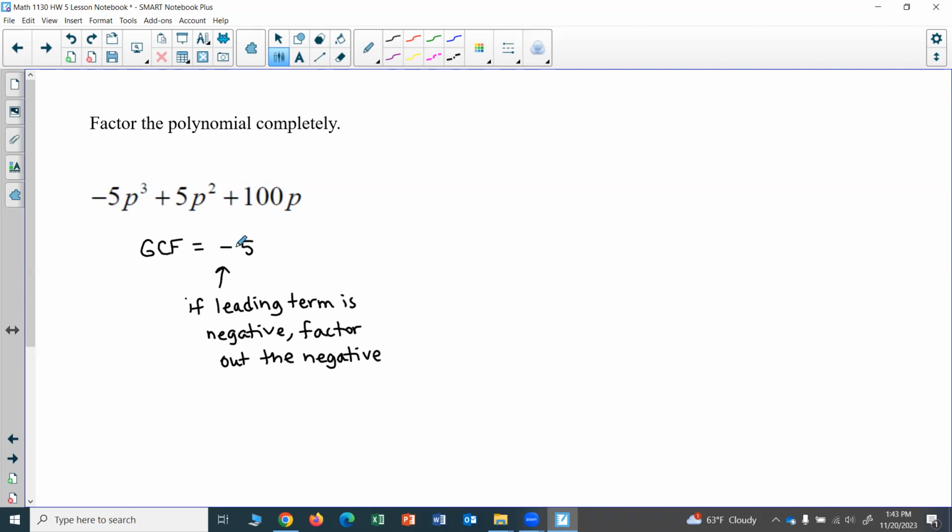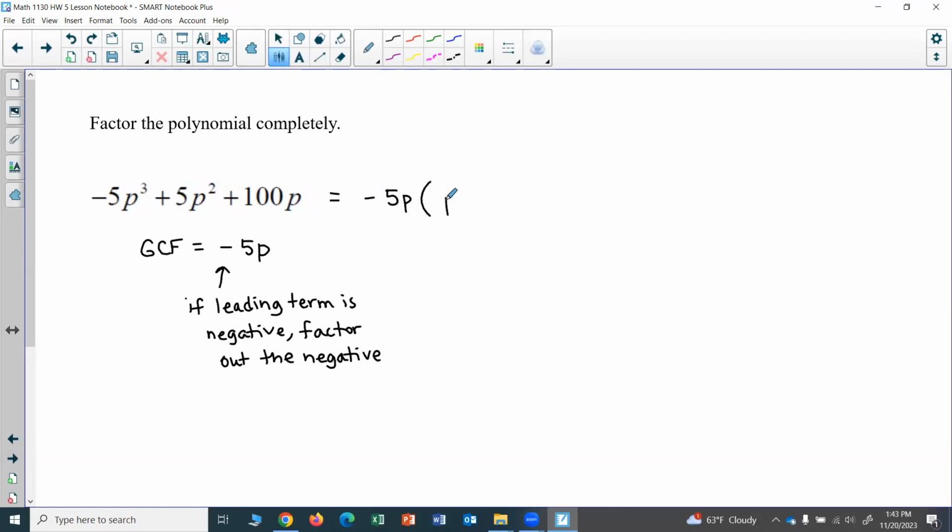Okay, so I have negative 5, and then there's a p in all three terms. The lowest power on the p is just 1, so negative 5p would be my GCF. So I have negative 5p. Because I factored out the negative, it will change the sign on all the terms.